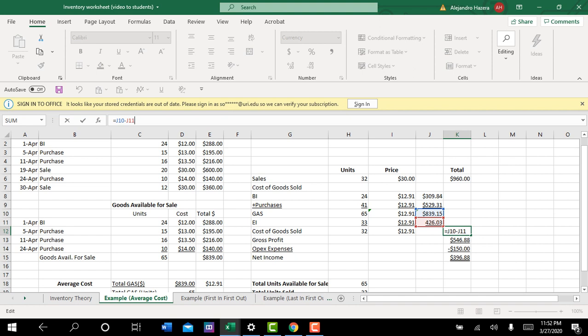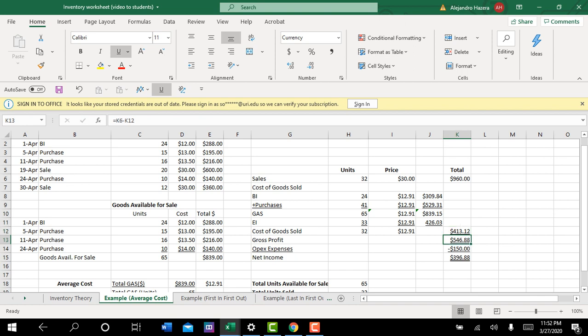Okay, now we're going to subtotal this. If you take your sales of $960 less your cost of goods sold of $413.12, that gives you your gross profit of $546.88, less operating expenses, gives you net income of that number right there.